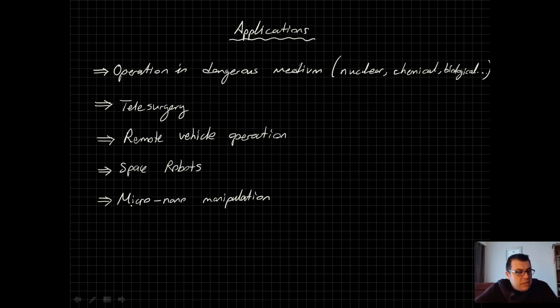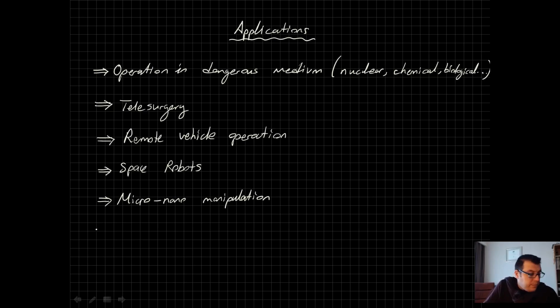So this can be easily used for systems that are supposed to interact with micro objects. So this can be used in MEMS technologies. This can be used in biology if you want to inject some material inside a cell, for example. So you can use teleoperation systems there, and there are examples in the literature that people are using also teleoperation for this.